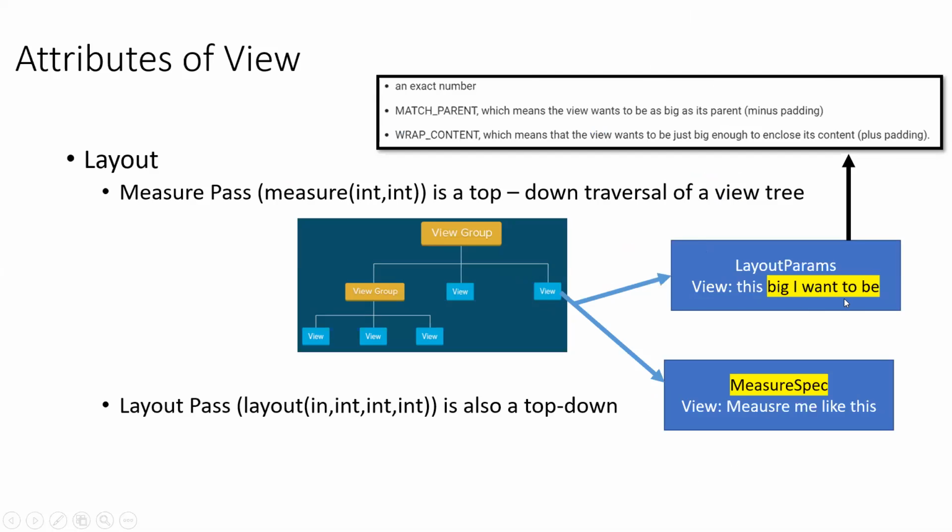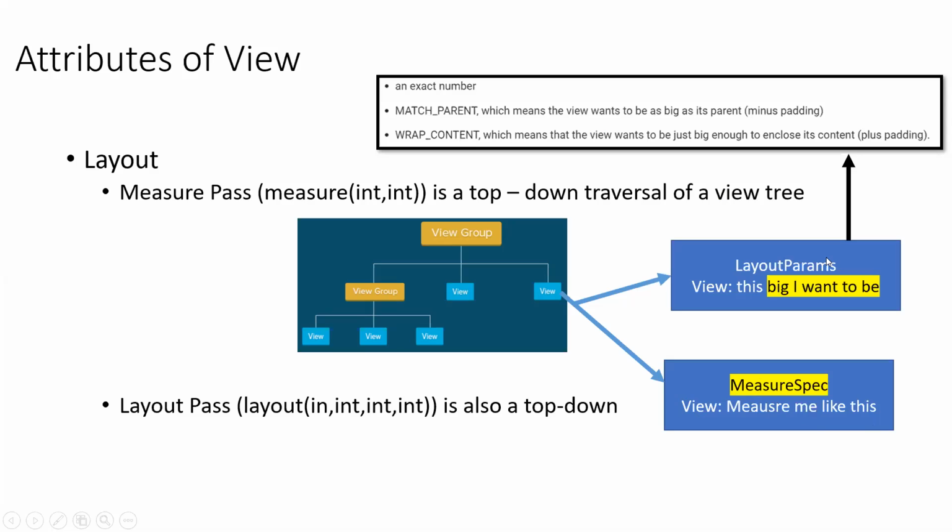So it specifies the width and height. The measure specification says to the Android framework, if you're going to measure me, measure me like this. It specifies the way a view wants to be measured.